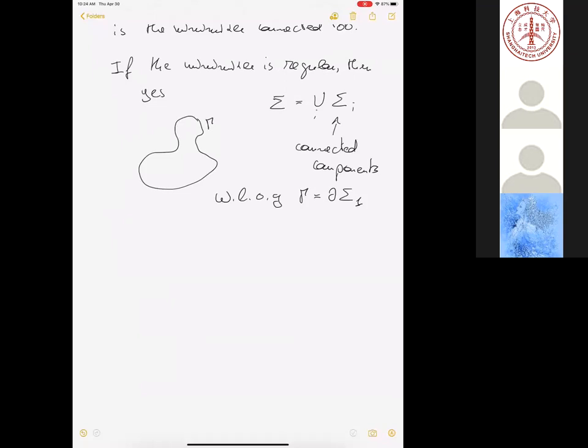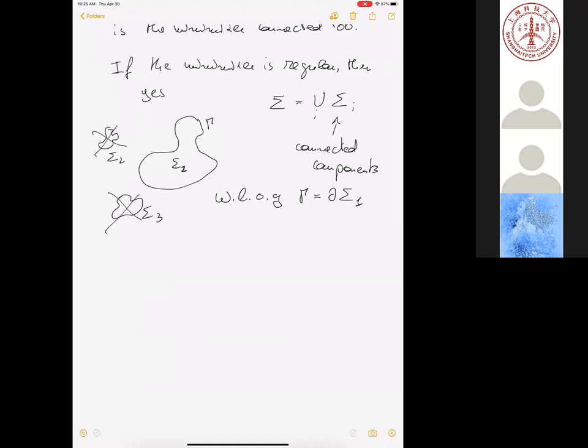If you had more connected components like sigma 2, sigma 3, they're just sitting over here and not doing anything. They're not contributing to achieving that the boundary of the surface is equal to gamma, so I could just remove them and get something with less area, which is not possible because sigma must be a minimizer.